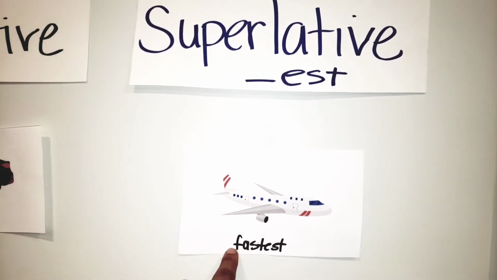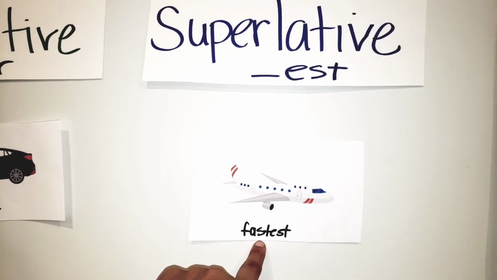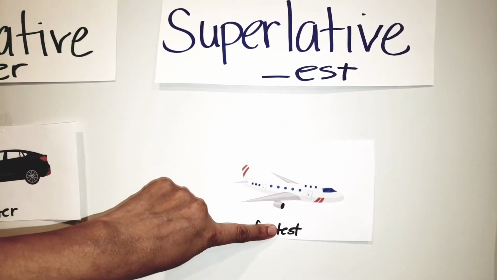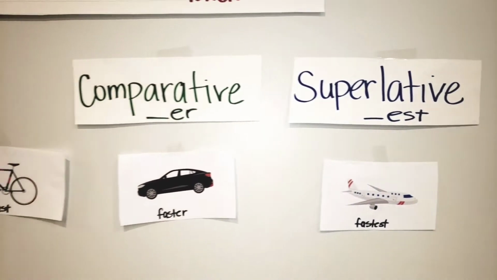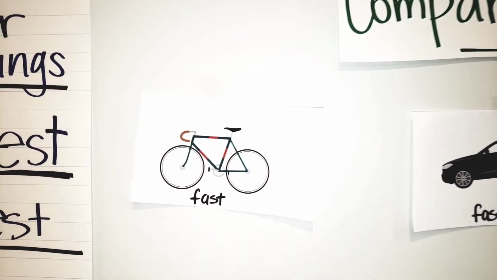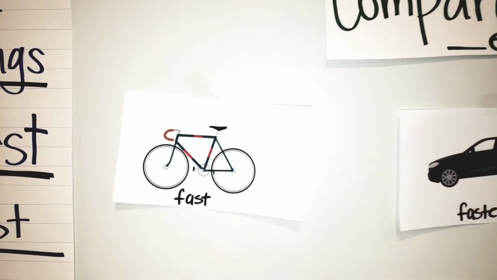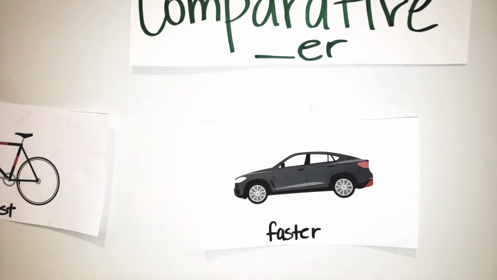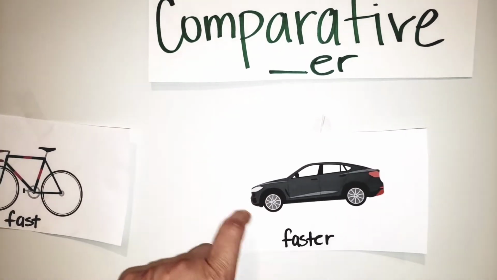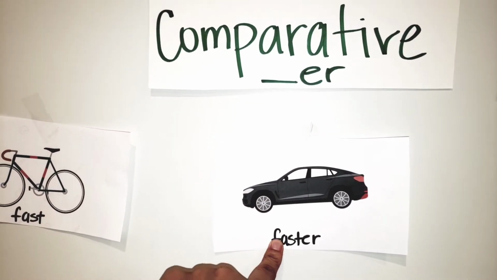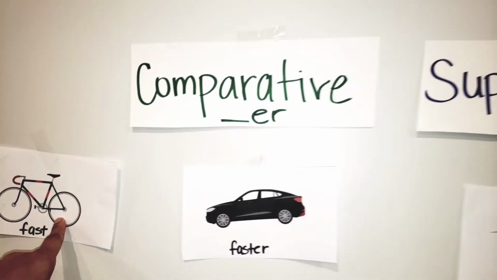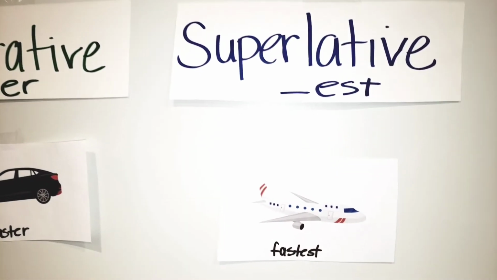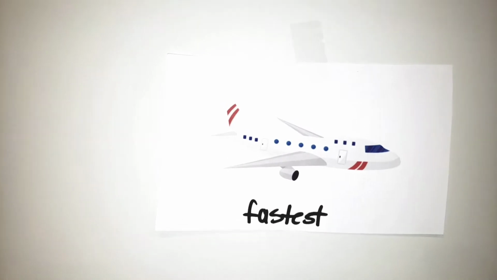It's like the best of them all. The bike is fast, but a comparative, I'm comparing the bike and the car. I'm going to say the car is faster than the bicycle, but now I'm comparing the three of them. Now the airplane is the fastest.